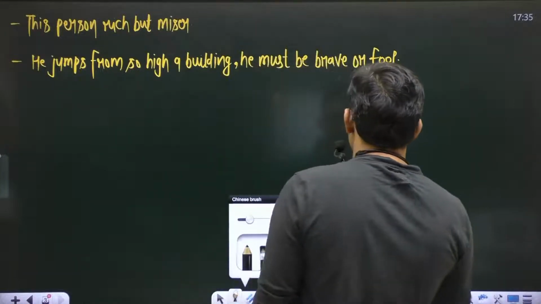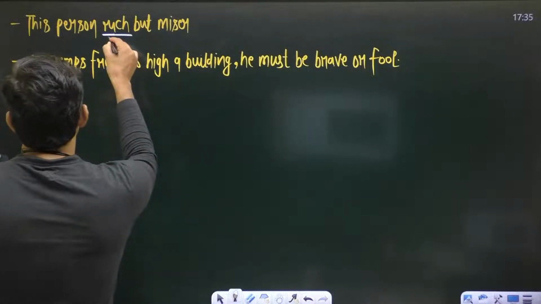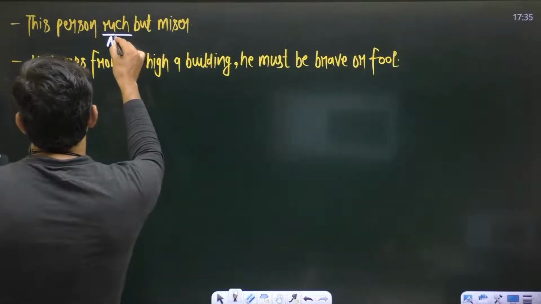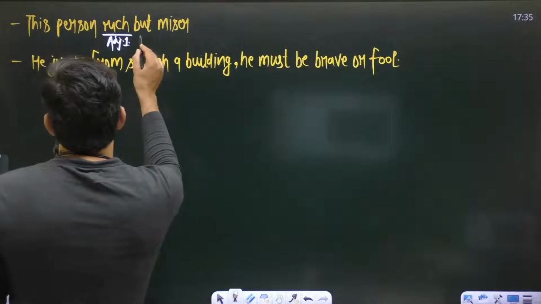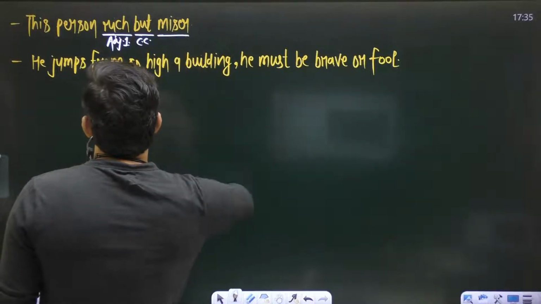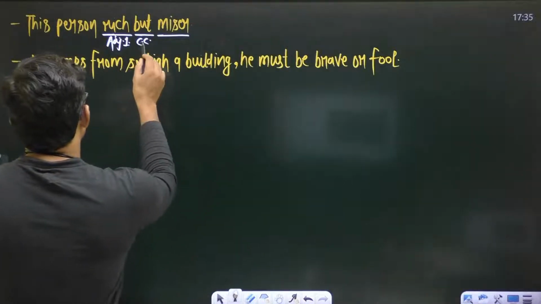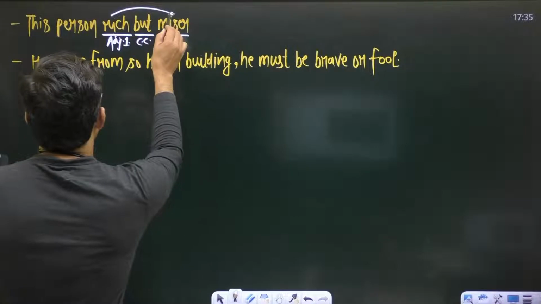In the first sentence, you know it very well, this word rich is an adjective in nature. This word but is a coordinate conjunction, and this word miser. How is it a coordinate conjunction? When it connects same ranks, equal ranks.